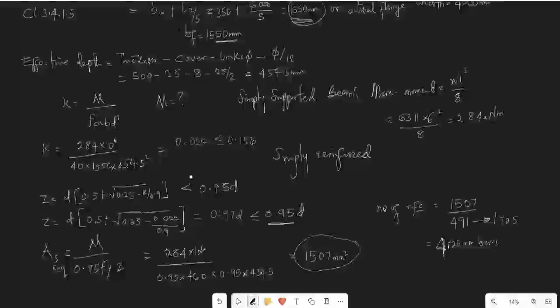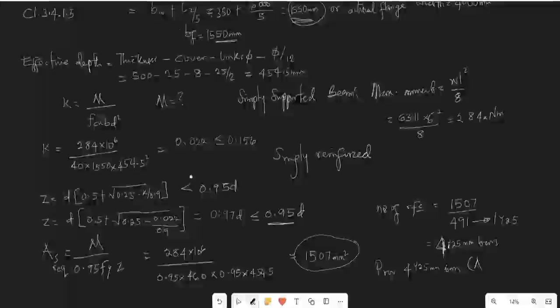So we can provide, let's try 4, that's 1964. Provide 4Y25 bars.